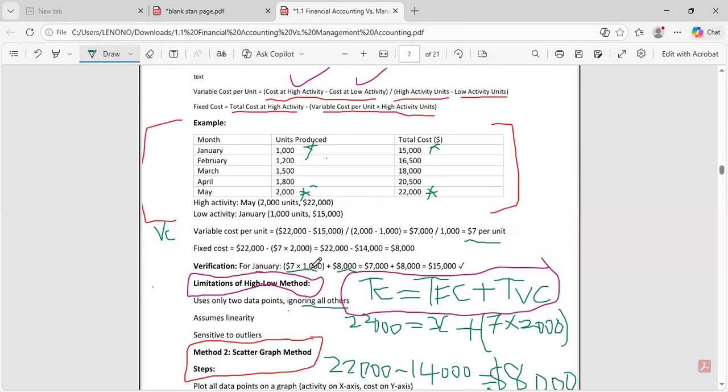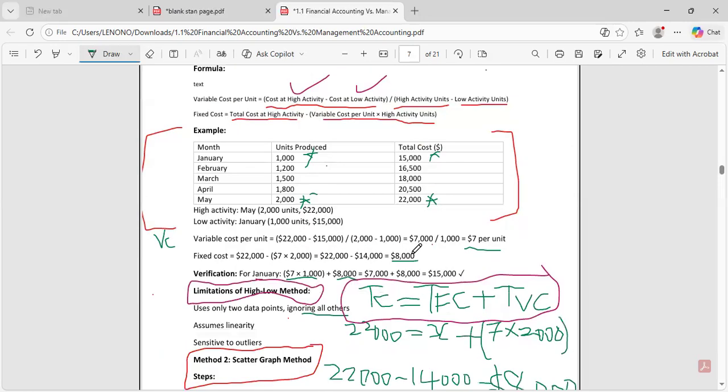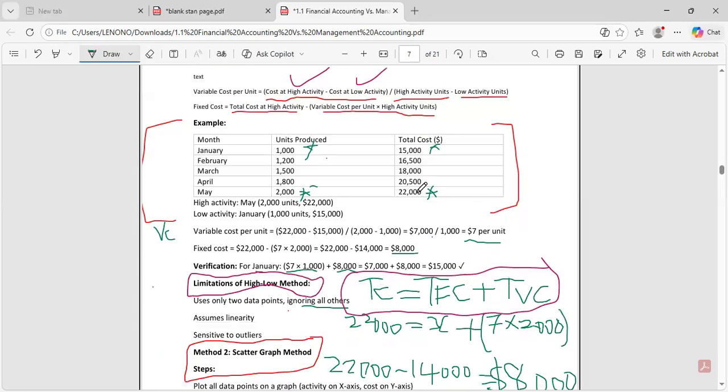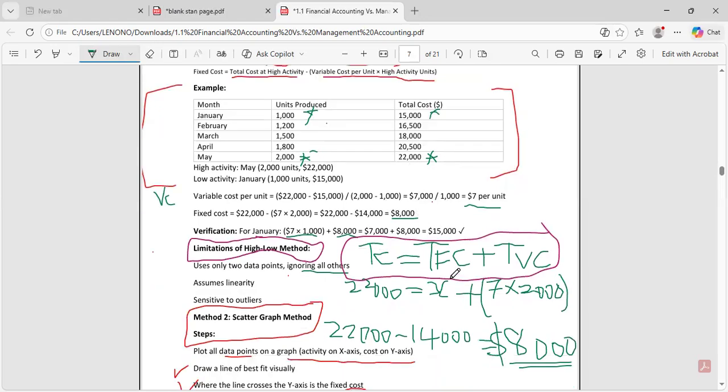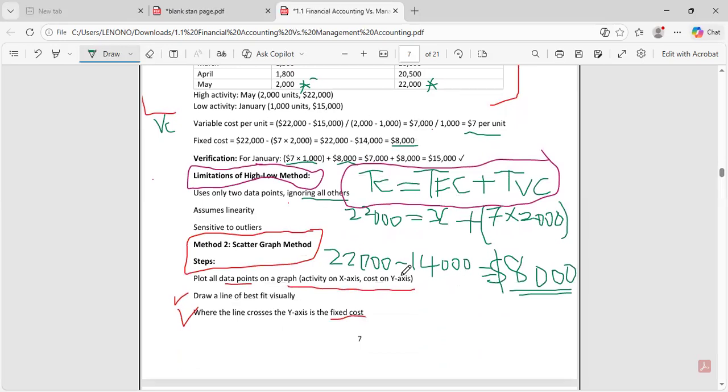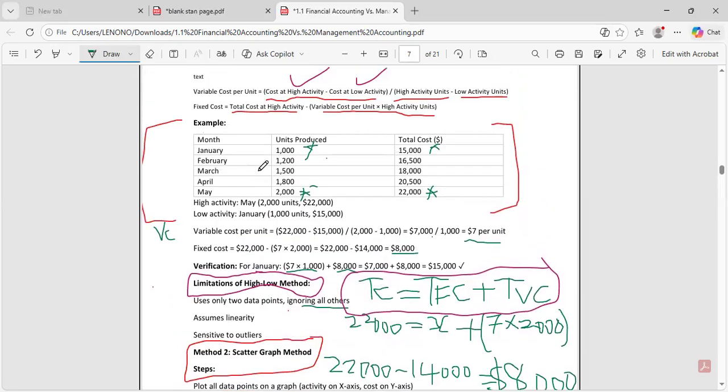So for the fixed cost, we found 8,000, substituting 22,000 as total cost minus the variable cost of 7 multiplied by 2,000. Then we are getting 8,000 as the fixed cost using this expression. And of course, verifying for the month of January, we multiplied 7 by 1,000, then plus fixed cost gave us a total cost of 15,000 using this formula.